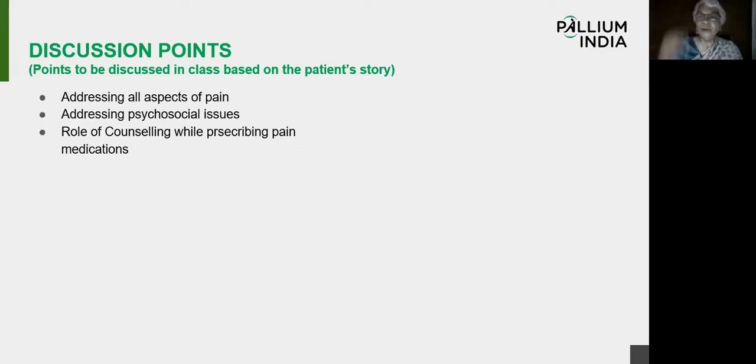And if they're tolerating tramadol well and they're having good control, see, the disease is the same. The disease is not in any way coming down. So unless a cure happens, it's very unlikely that the pain will come down.